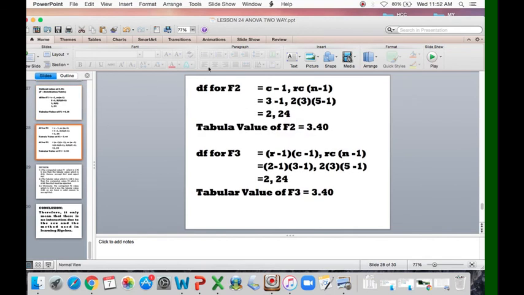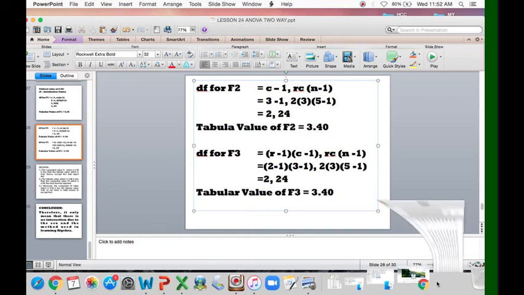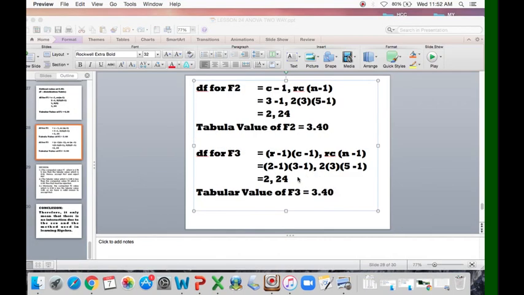For the next one, for the F2, the formula is C minus 1, comma, RC times N minus 1. The same as the first, F1. So we will use the same denominator, different numerator. So the numerator is C minus 1, so 3 minus 1 is 2. So we have 2 and 24. That is 3.40.